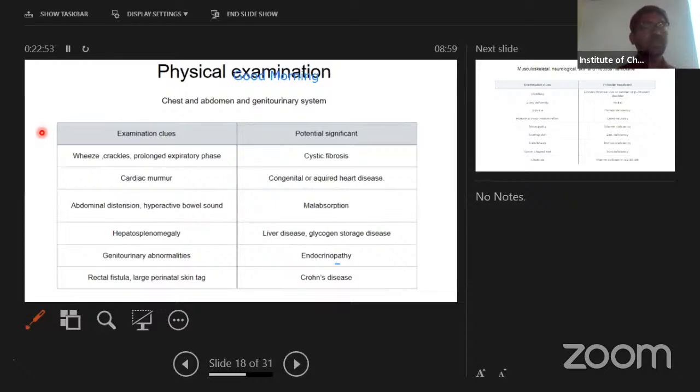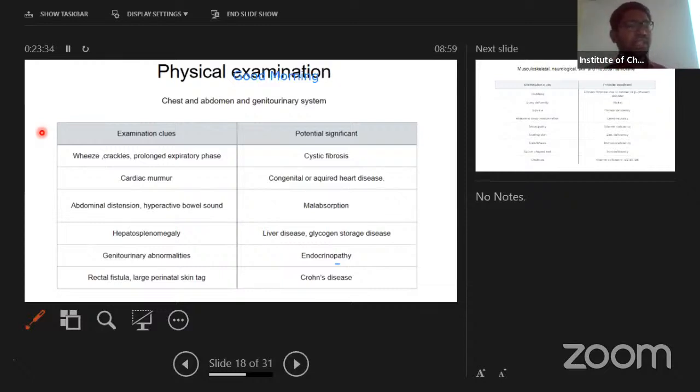Tachypnea and a prolonged expiratory phase are present in cystic fibrosis, and cardiac murmur. In malabsorption, we can get abdominal distension and hyperactive bowel. In endocrinopathy, the genitourinary abnormalities are there.